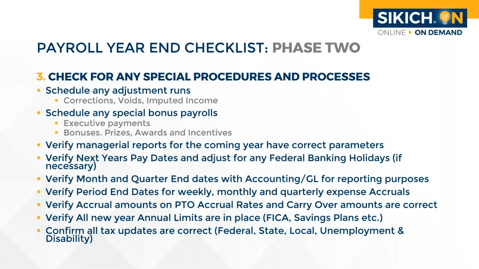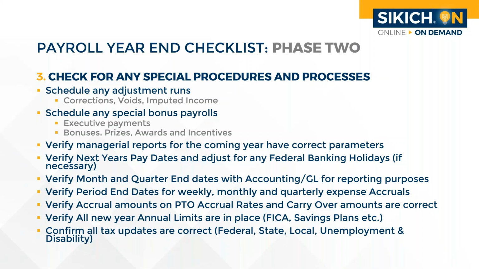Make sure that your managerial reports for the upcoming year have correct parameters. Make sure that your pay dates are falling within the right quarter. When you're setting up your calendar for next year, it's vital to make sure that none of your pay days fall on a federal banking holiday. You want to make sure that you've adjusted those accordingly.